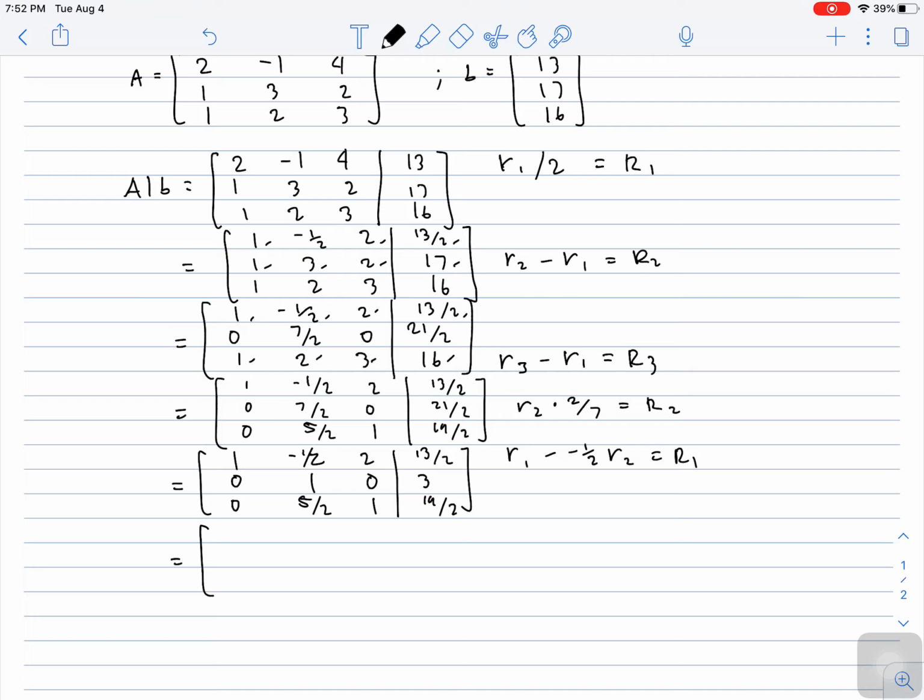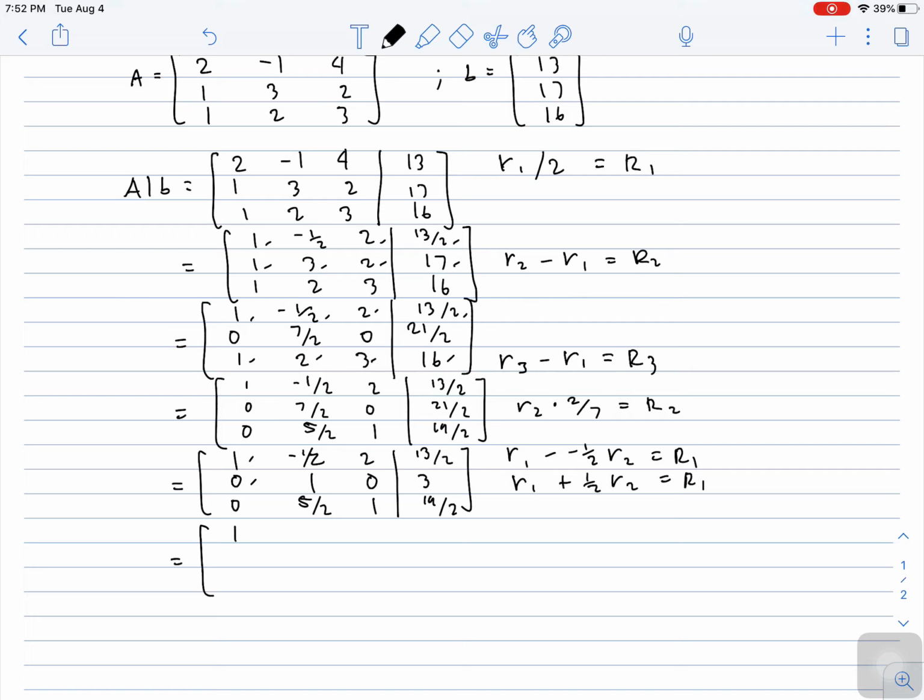So this is just to simplify. R sub 1 plus 1 half R sub 2 is equals to R sub 1. Okay, so using this formula, R sub 1 is 1 plus 1 half multiplied by 0 is just 1.